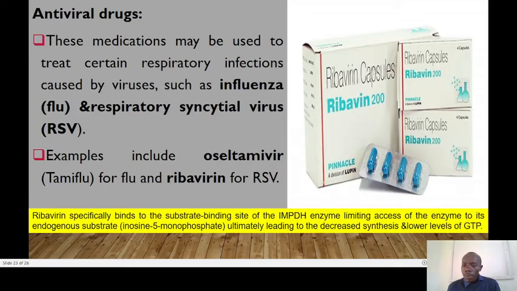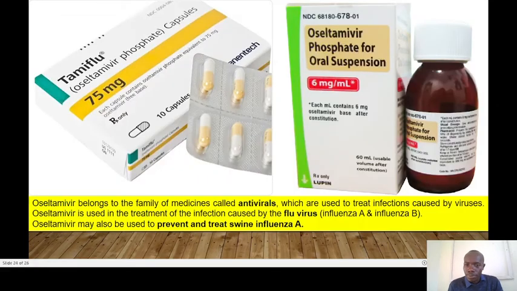Remember, ribavirin specifically binds to the substrate binding site of the IMPDH enzymes, limiting access of the enzyme to its endogenous substrate, ultimately leading to decreased synthesis and lower levels of GTP. All right, so we have examples of Tamiflu, oseltamivir, for that case.